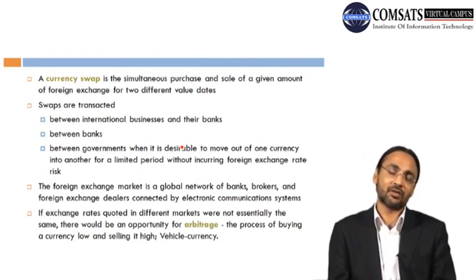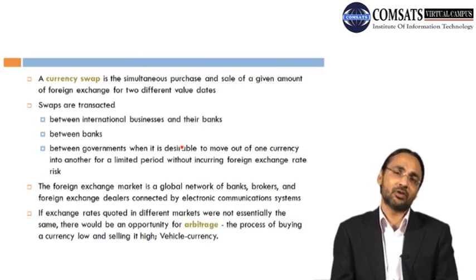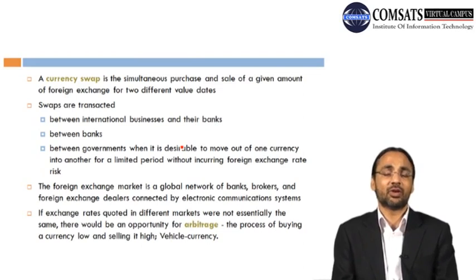For instance, if the rate of the Pakistani rupee with the US dollar is not the same, not aligned in London and in New York, what they are going to do is buy from one market and sell in another market and make a profit.